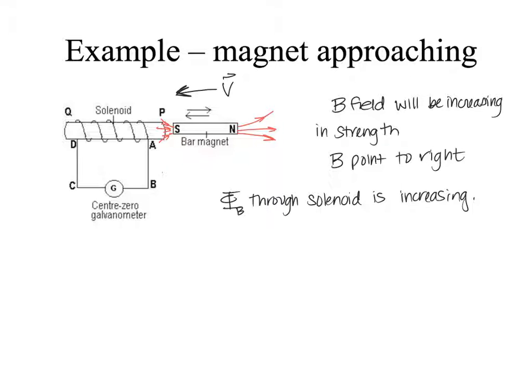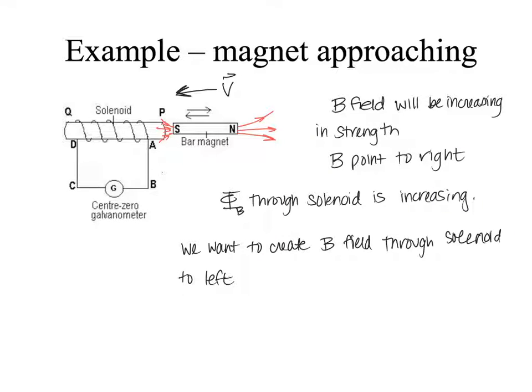And so we want to create a magnetic field through the solenoid that's going to point to the left, because that will oppose the change.